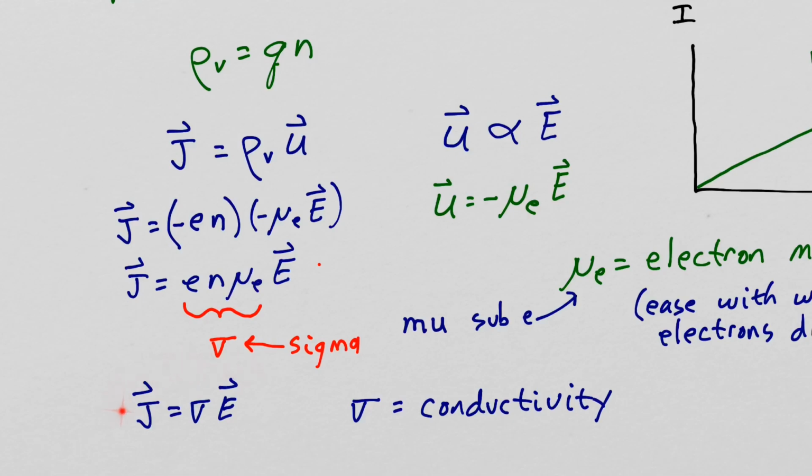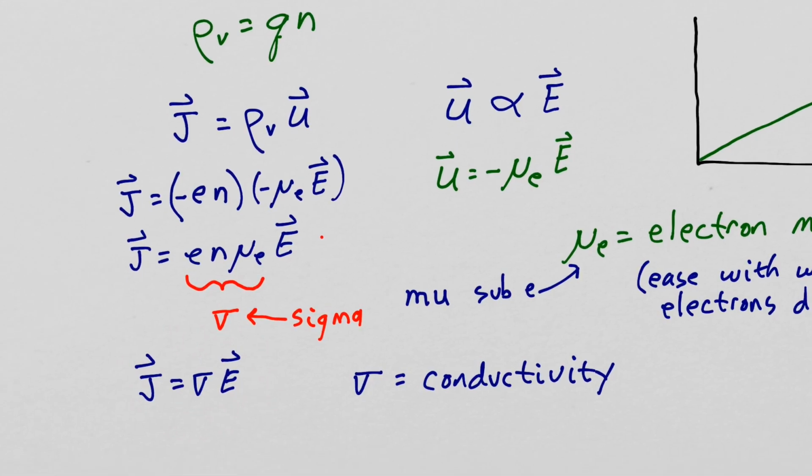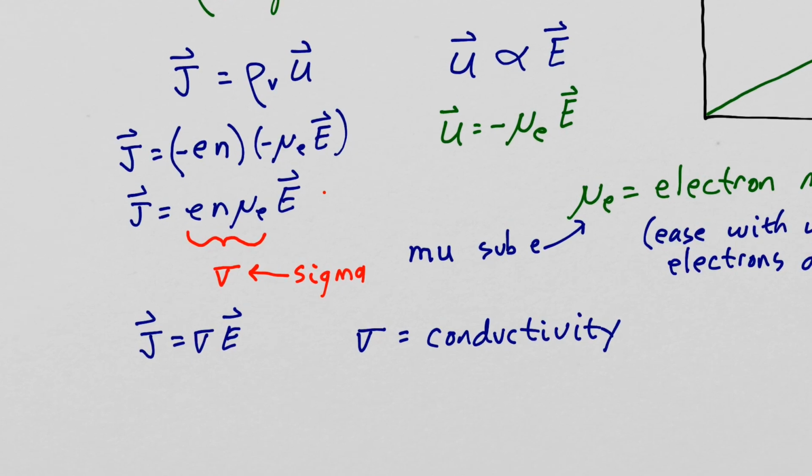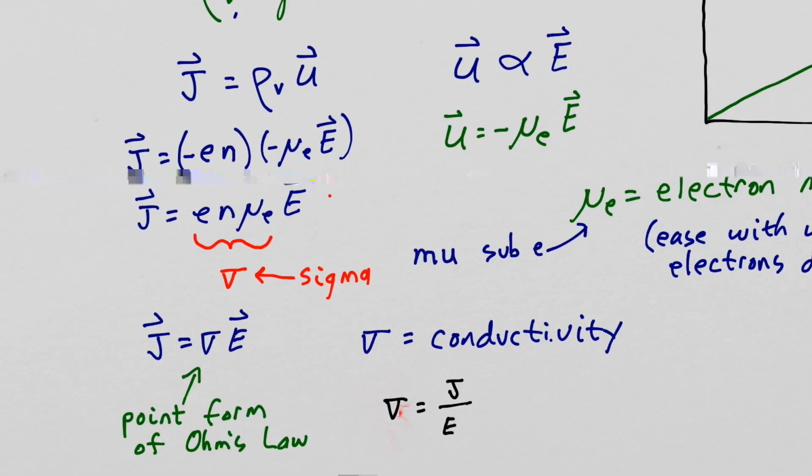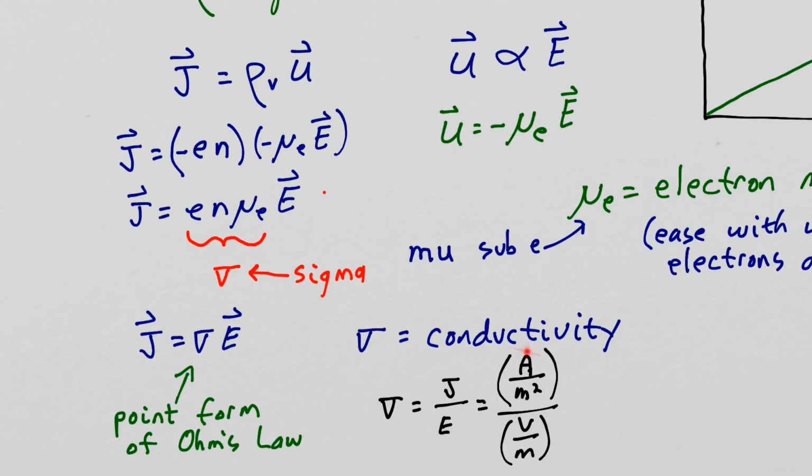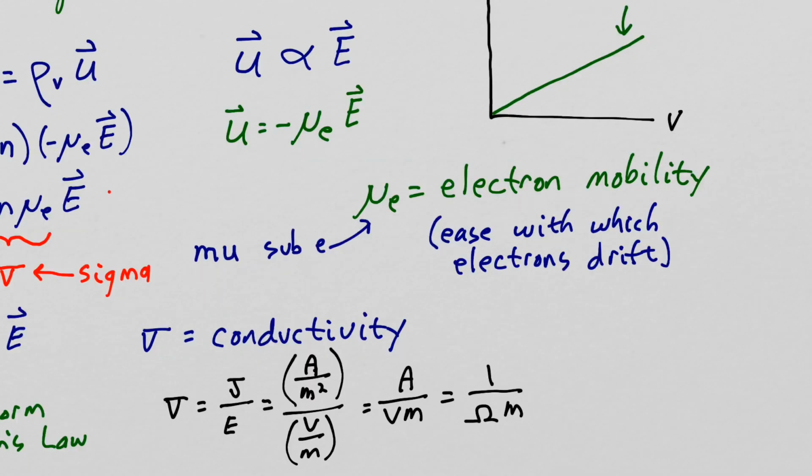So let's determine the units of conductivity. Conductivity is a current density over an electric field intensity. So we have amps per meter squared for units of current density and volts per meter for units of electric field intensity, which is an amp over a volt meter. A volt over an amp is an ohm, and 1 over an ohm is a Siemens.